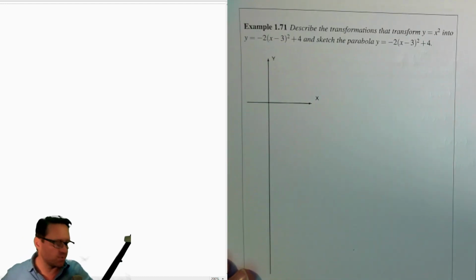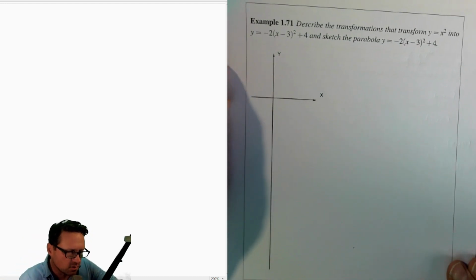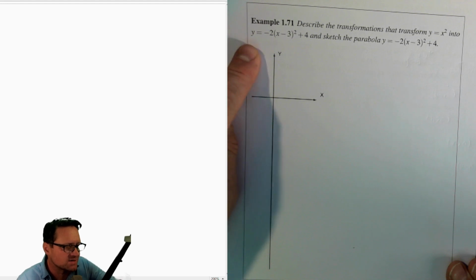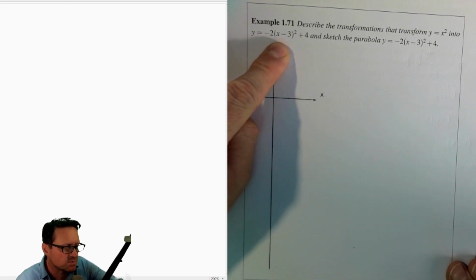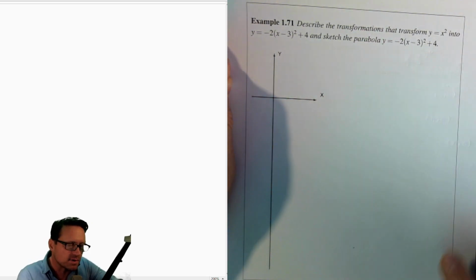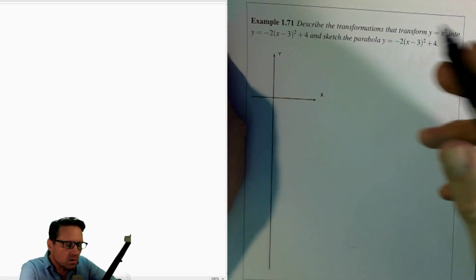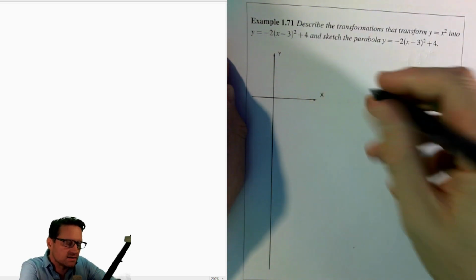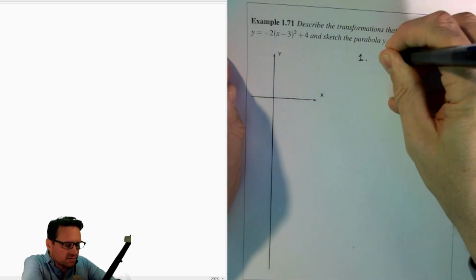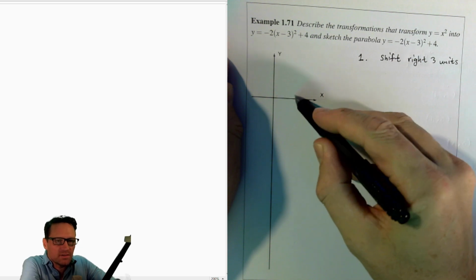Example 1.71. Describe the transformations that transform y equals x squared into y equals minus 2 (x minus 3) squared plus 4, and sketch this parabola. Okay, so what are the translations we're doing? Well, we shift to the right. So step 1, shift right 3 units.